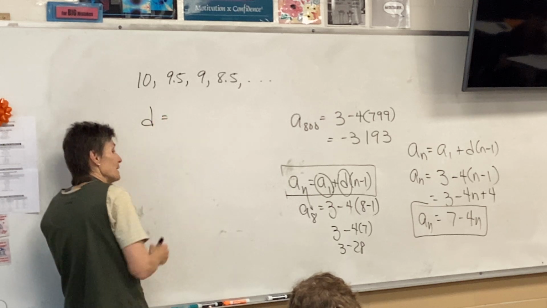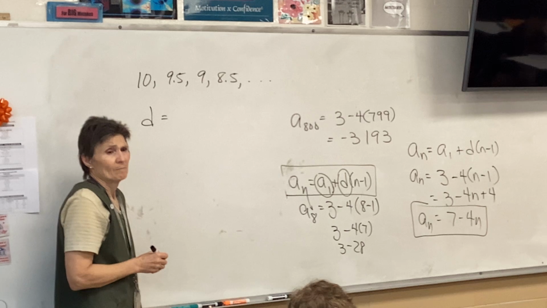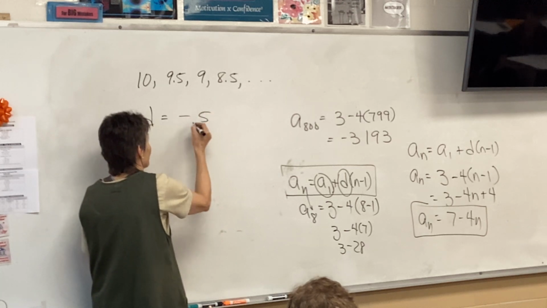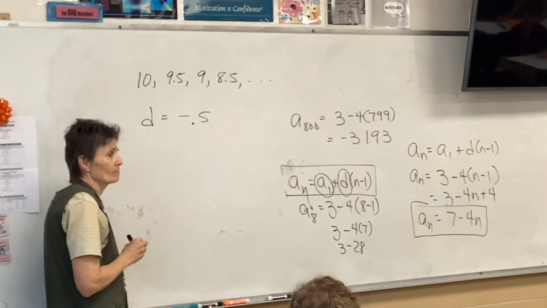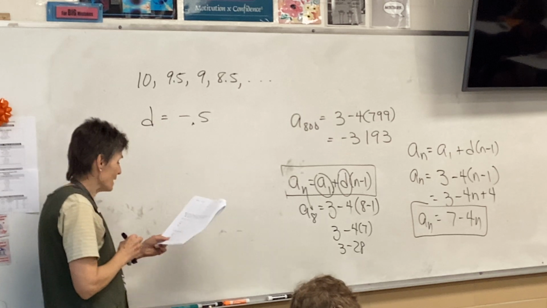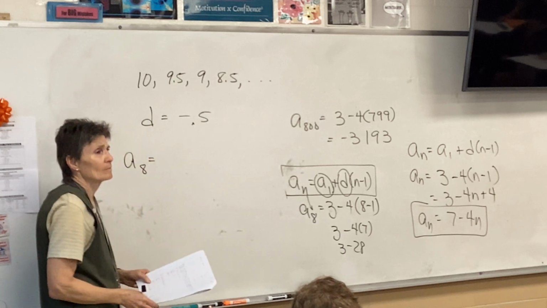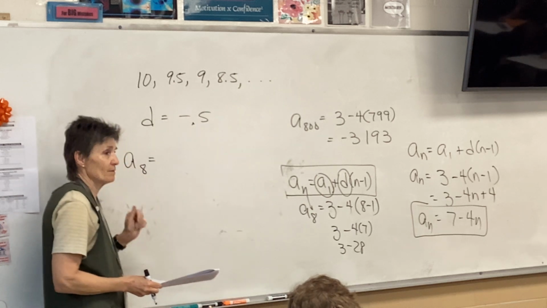If it's arithmetic, it has a common difference. What is the common difference? Negative 0.5. We need to find the 8th term. So I could keep working it out. I'm going to use my formula this time.